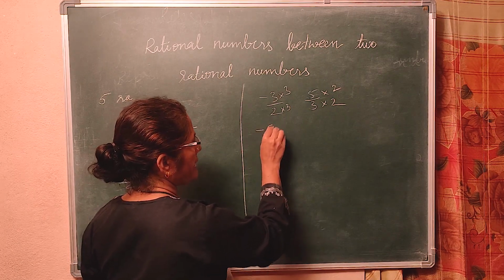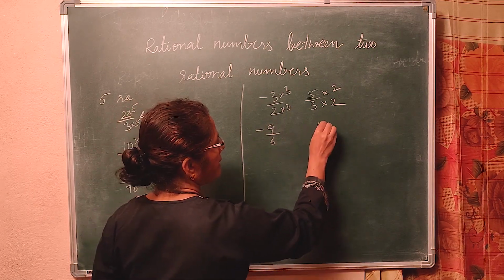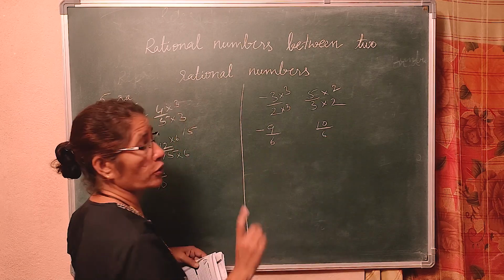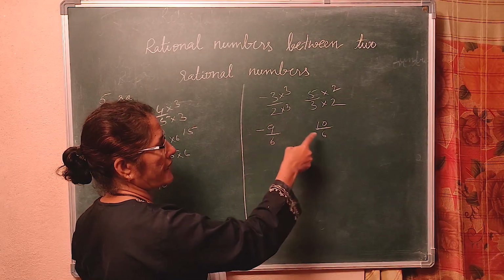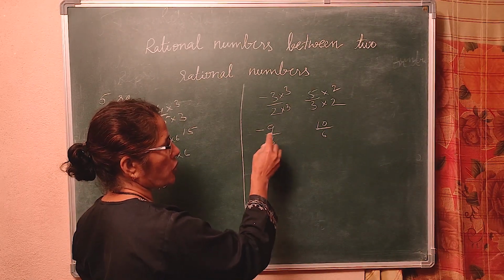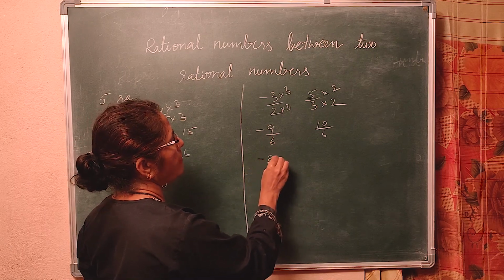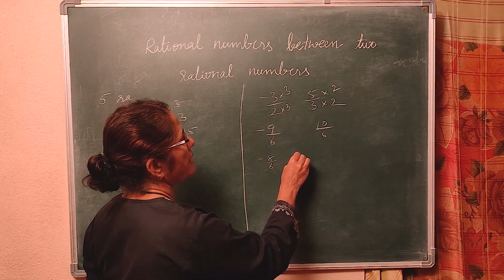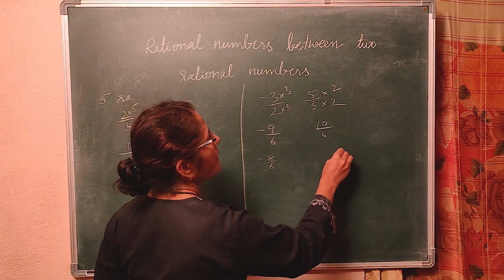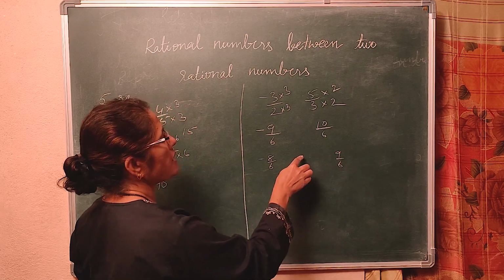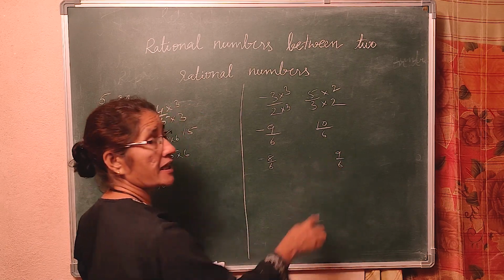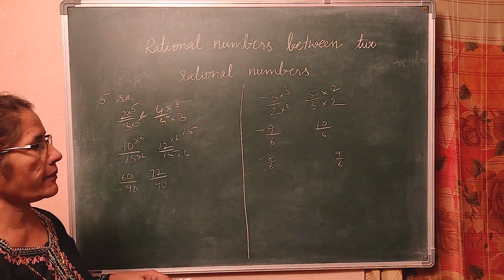So minus 9 by 6 and 10 by 6. Here there is no problem because this is minus, this is plus. So you can write down minus 8 by 6, minus 7 by 6, minus 6 by 6 till 9 by 6. There will be many. 0, 1 by 6, 2 by 6, 3 by 6, many will be there.